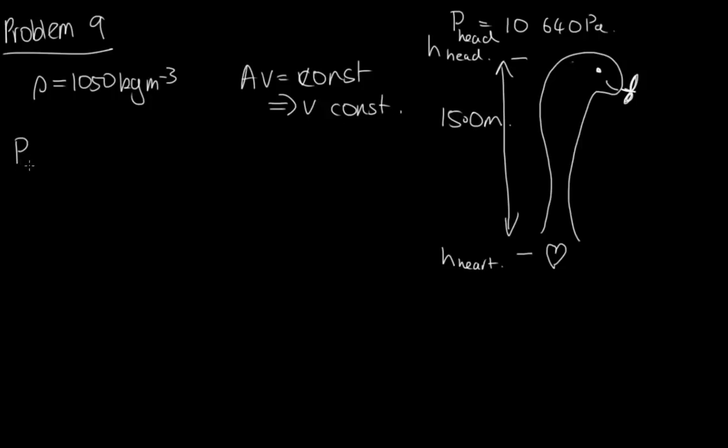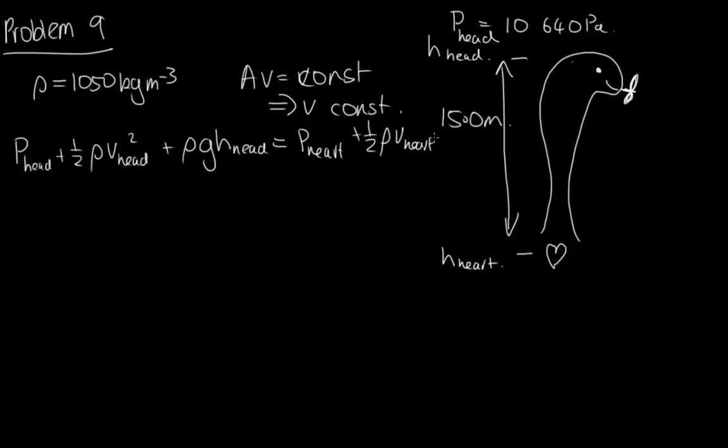We know that the pressure in the head plus a half rho V head squared plus rho G H, the height of the head, is equal to the pressure at the heart plus a half rho V heart squared plus rho G, the height of the heart.